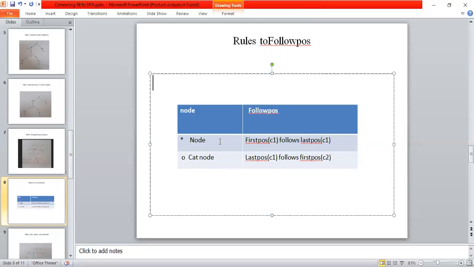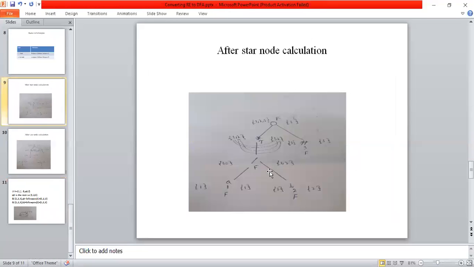Now we'll construct follow positions for our syntax tree. So this is the tree after constructing first position and last position. Here I can calculate follow position only for the star node and cat node. For the remaining nodes, we are not considering. If it is a star node, what is the rule?